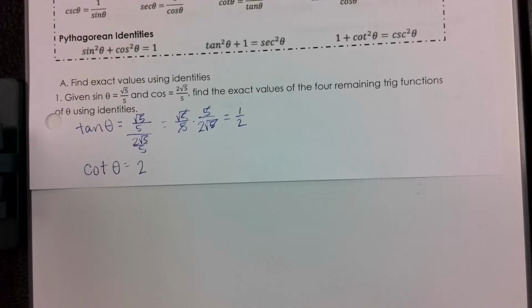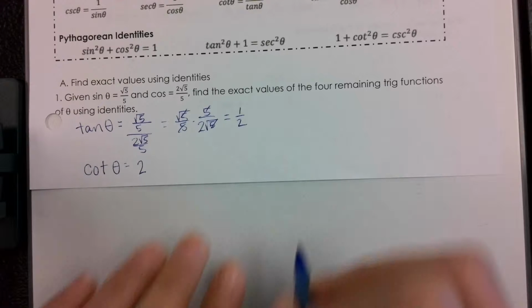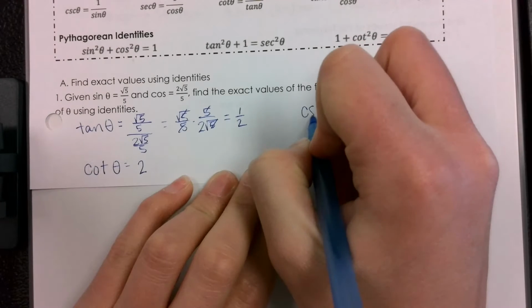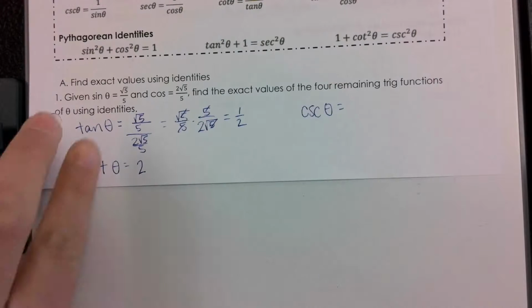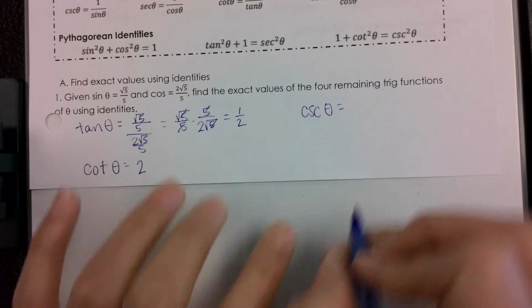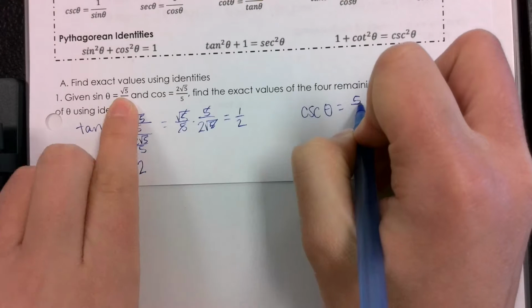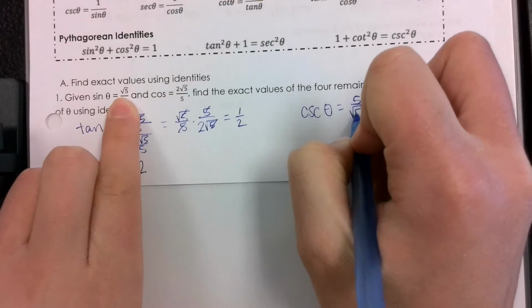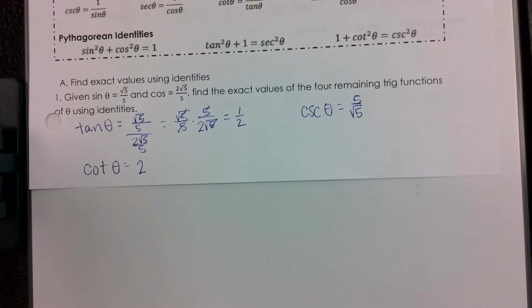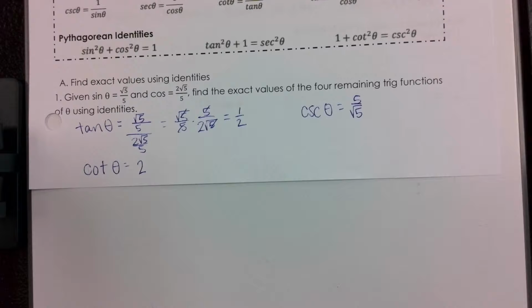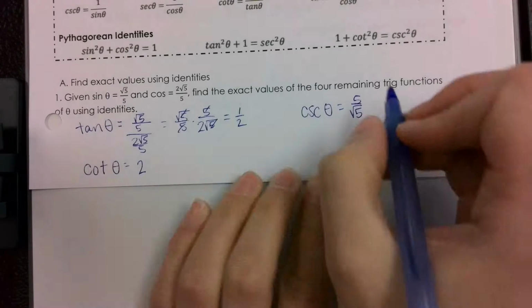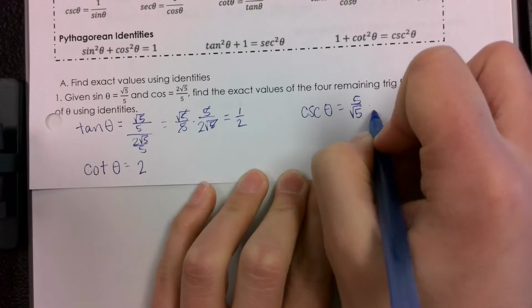We still need to find cosecant and secant. So we know that cosecant is 1 over sine. So we can just flip sine, right? So we'll have 5 over square root 5. And when we rationalize that, how are we going to do that? Because we don't want square roots in the denominator. Good. Multiply by square root 5 over square root 5.